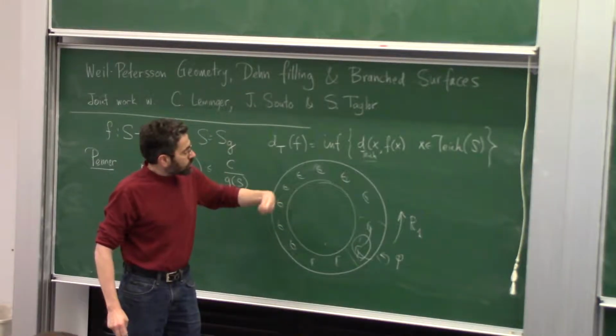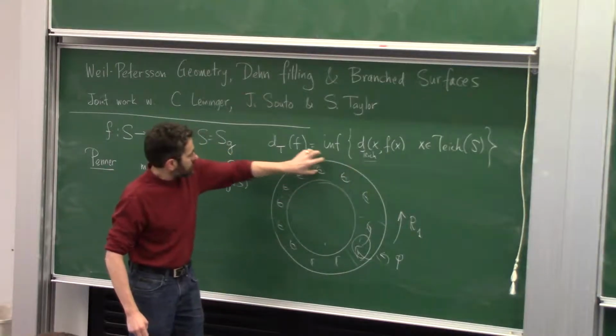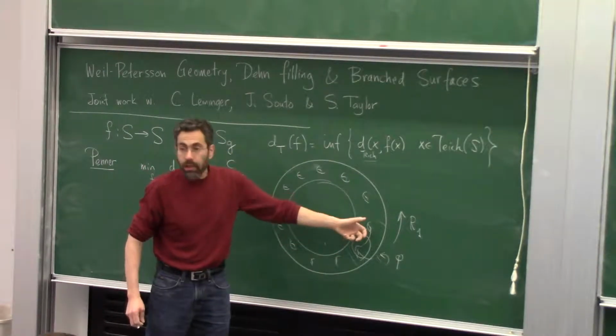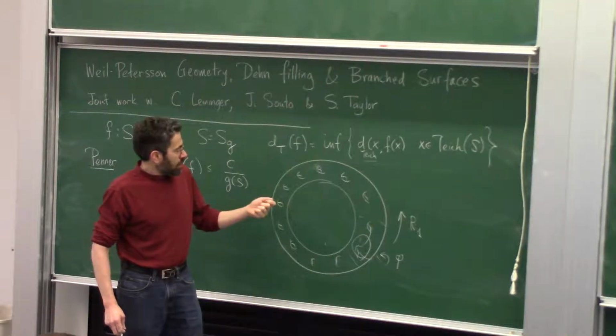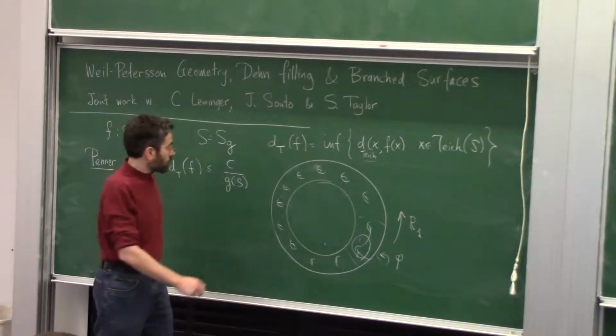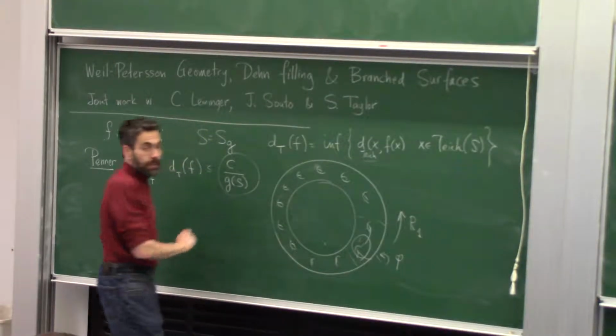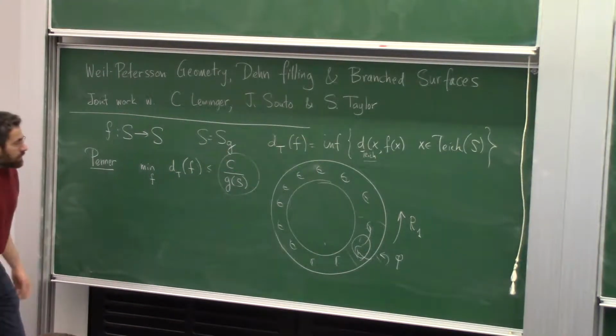So take a curve, it gets a little longer, and then it runs around by rotations, and then it gets a little longer again. So the exponential rate of growth is 1 over g times some constant. So that's where this comes from. So you get much slower growth if you have such a thing.